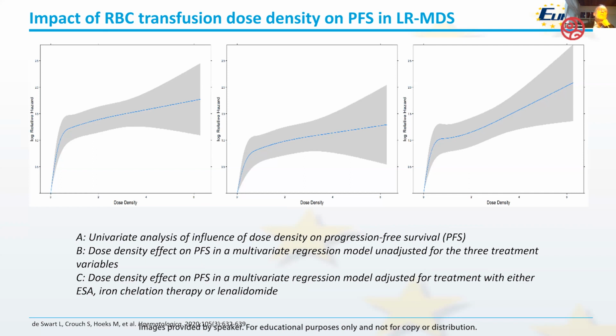This means the negative impact of regular transfusion starts already at a very low dosage, lower than in the IPSS-R, for instance.